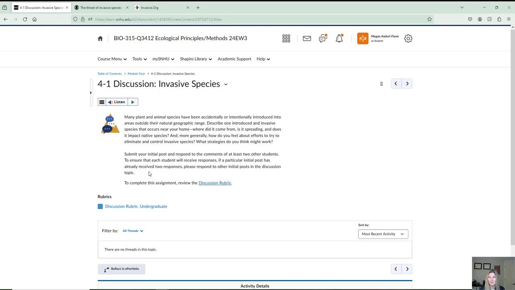That way, there might be different strategies that your state or local area is doing that the student that posted the initial post, their state's not doing. So this gives some additional information that will add on to their initial post. Okay, so that's my suggestion of how you can write a really good response post. Okay.